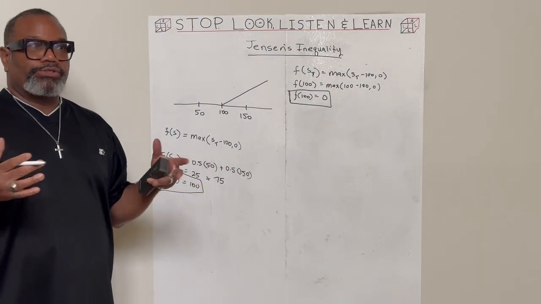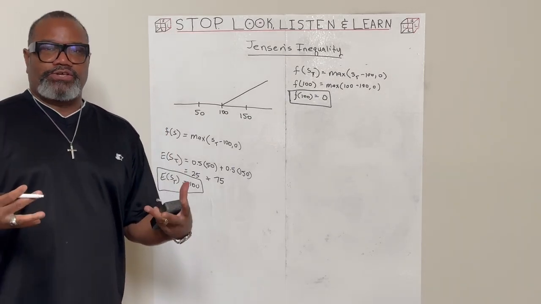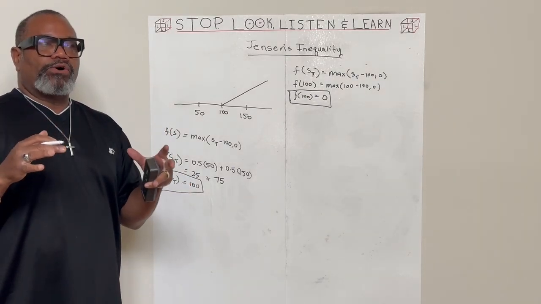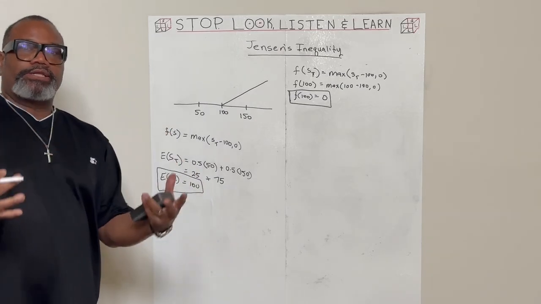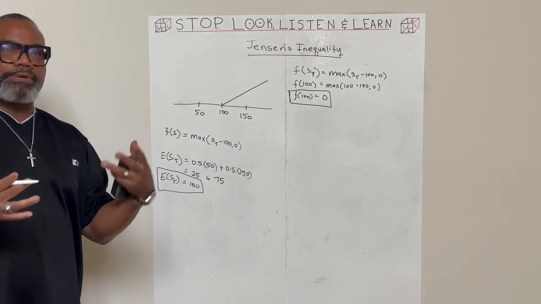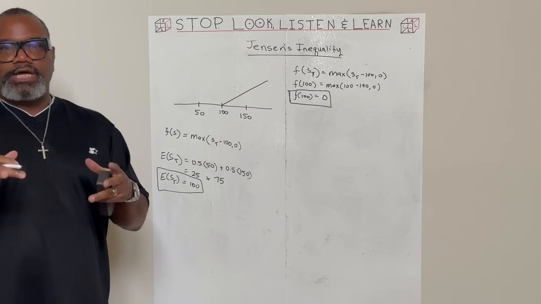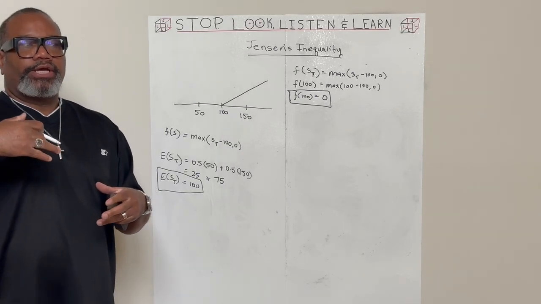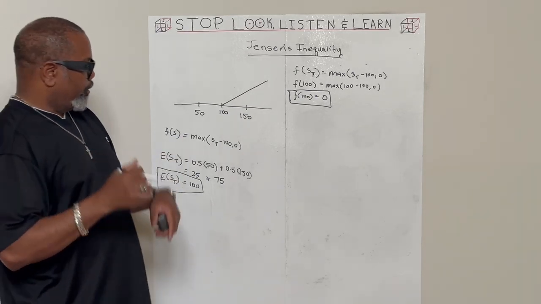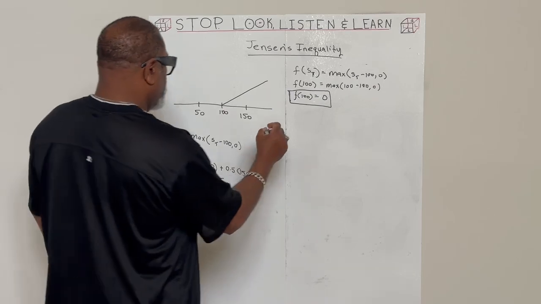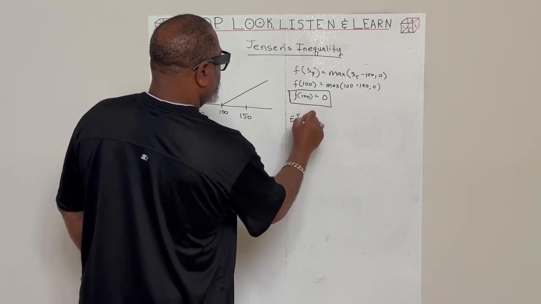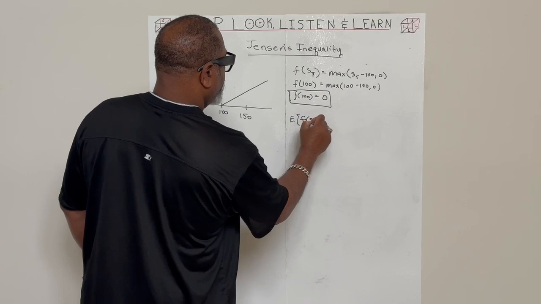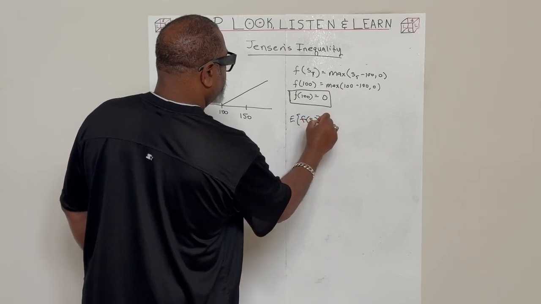Now what we want to do is look at the expected value of the function based on the different values that the stock price can take. And then we're going to weight those different values of the function by the probability of the stock price actually achieving that price. So here's what we mean by that. So now we're going to look at the expected value of the function, right?